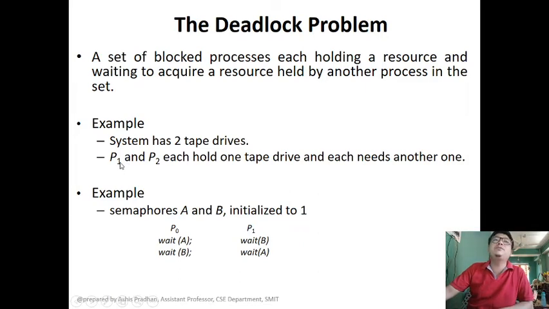So P1 is holding one tape drive and requesting another tape drive. P2 is holding the other tape drive and requesting the first. Okay, so now neither P1 nor P2 can complete its task. Both of them will be in a wait-and-watch situation. So this situation is known as a deadlock problem. Okay. So we'll move back to the slide.